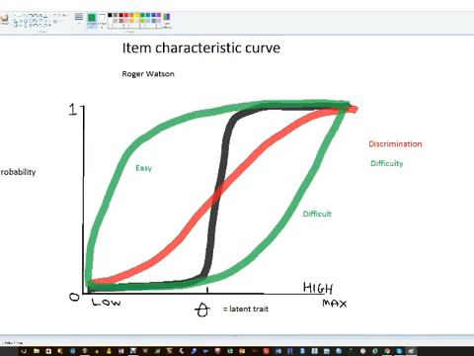The basic requirement of items is that they show monotone homogeneity, in other words, that they continually increase over the whole range of the latent trait. Items can either be low in discrimination or high in discrimination depending on the slope, and they can be easy or difficult depending on where they begin to score relative to people who are either high or low on the latent trait. That's all I want to cover in this session.